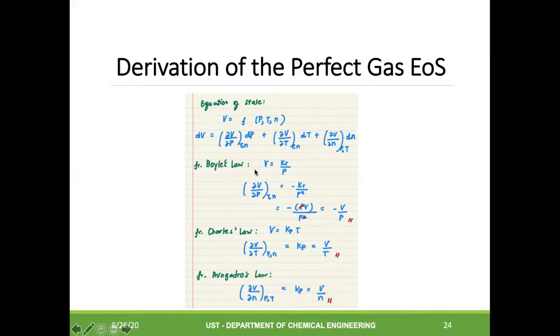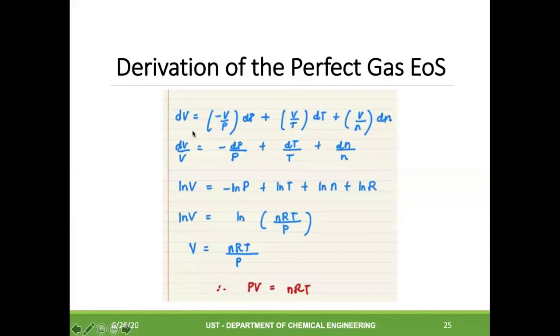Now, if we substitute these three terms in our first equation, from the equation of state, dV is equal to negative V over P dP plus V over T dT plus V over N dN.